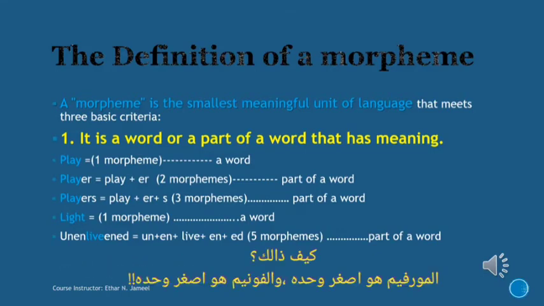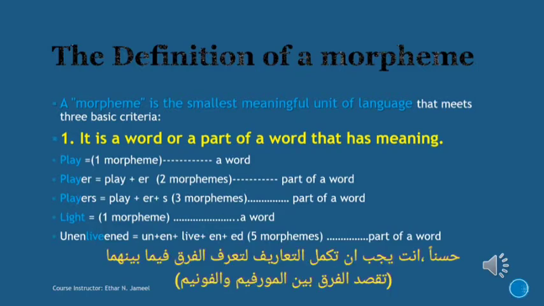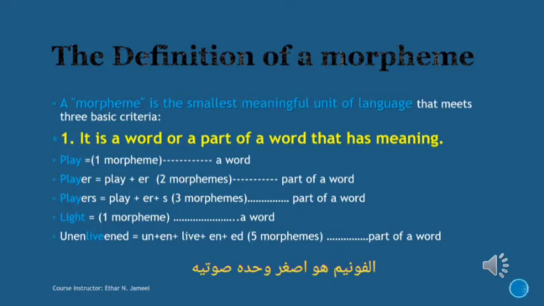So, how is that? A morpheme is the smallest unit and the phoneme is the smallest unit. Well, you have to complete the definition to know the difference between them. The phoneme is the smallest unit of a language, but the morpheme is the smallest meaningful unit of a language.